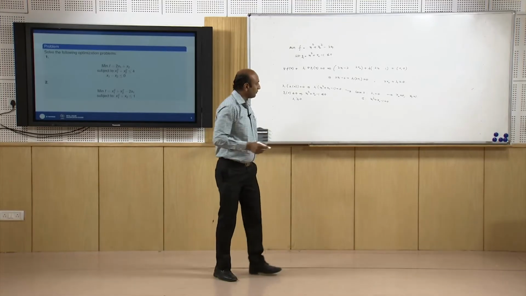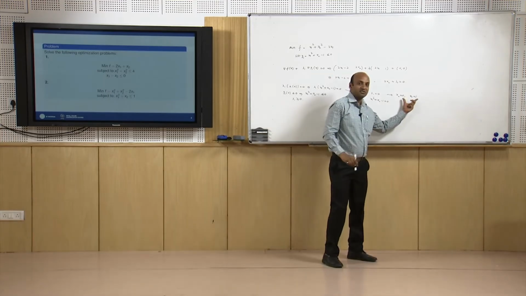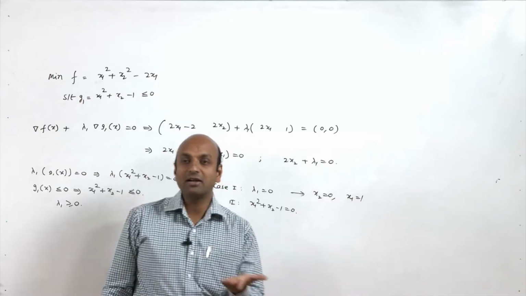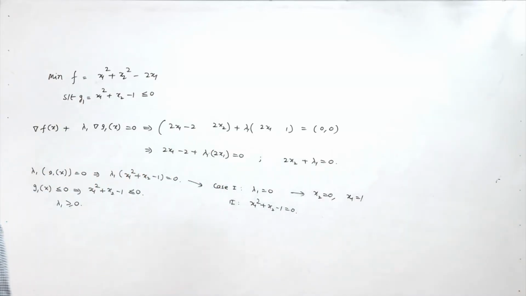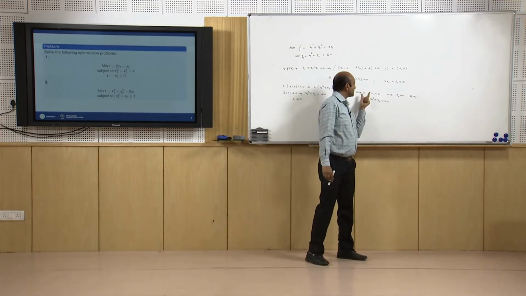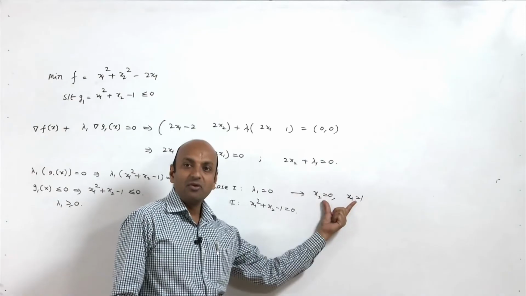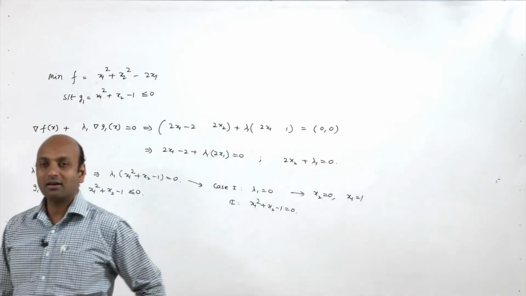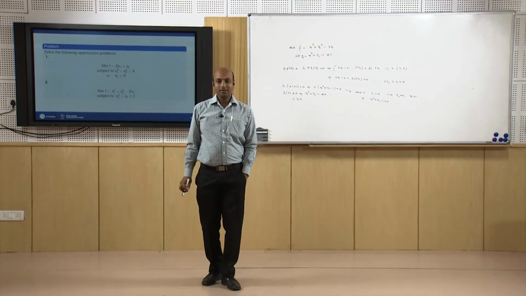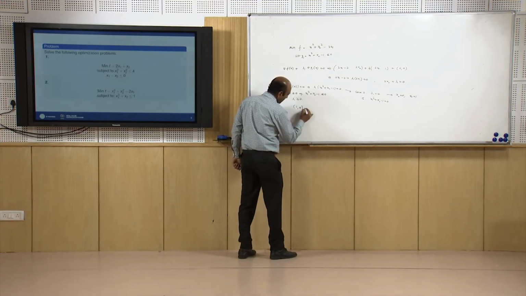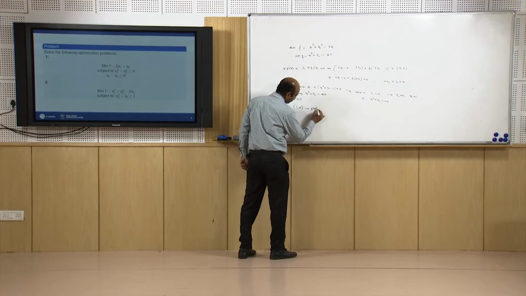So, this point 1 comma 0 satisfies all the constraints. So, this is the point of local minima. We are interested to find only one solution satisfying all the constraints. So, this case is giving us one point which satisfies all the constraints. So, no need to solve the other cases. So, 1 comma 0 is the point of global minima.